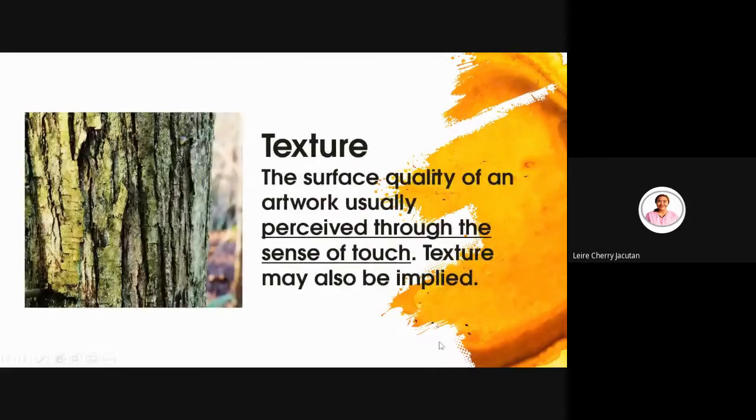Yun. So next is what we call texture. So this is the surface quality of an artwork usually perceived through the sense of touch. Perceive, ibig sabihin i-imply niya lang sa'yo or pinaparating niya sa'yo. So gaya nitong nakikita natin sa image na to, meron siyang sense of touch na pinaperceive or pinaparating sa bawat isa sa atin.